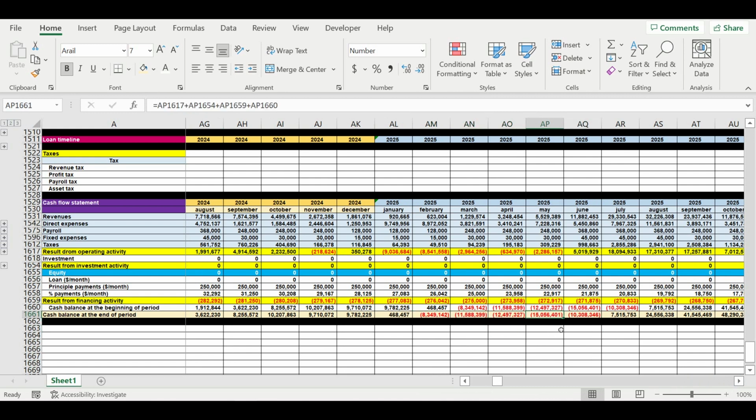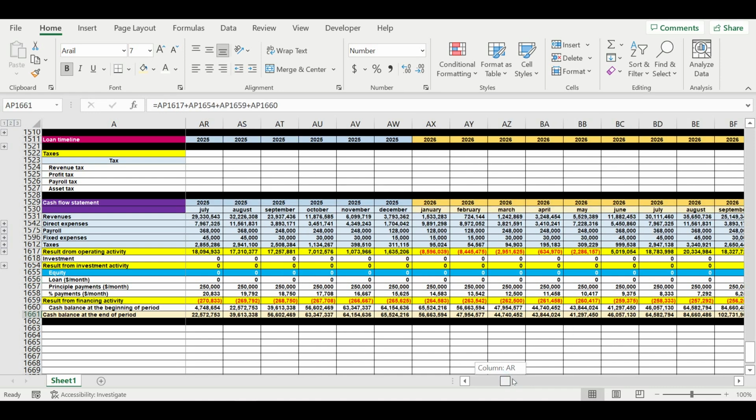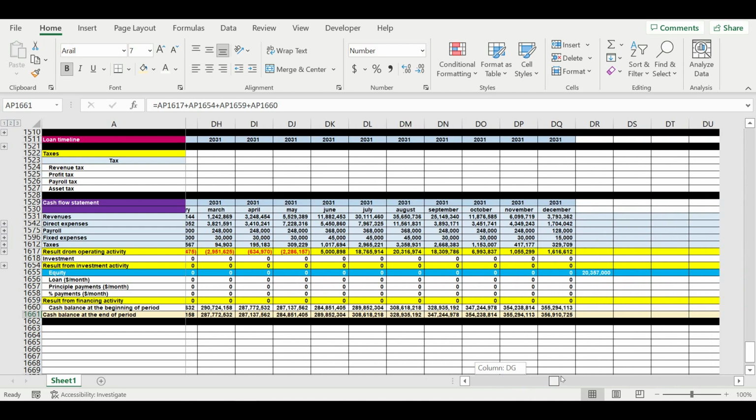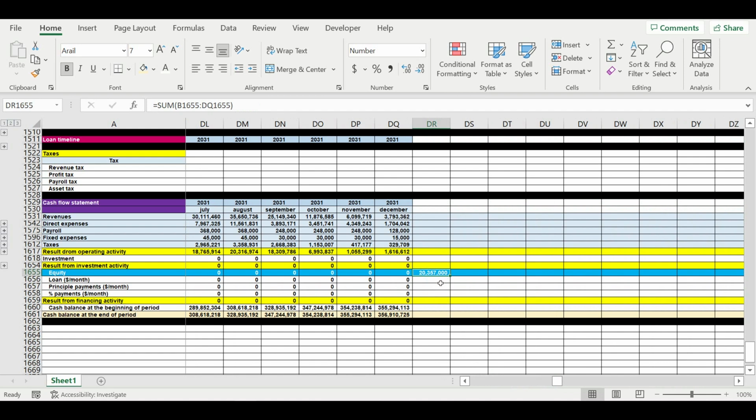Here it is 15057. Moving forward, here we don't see any cash gaps anymore. We are creating totals also for the loan. So now we know that we need $20 million from our pocket and $15 million from the bank.